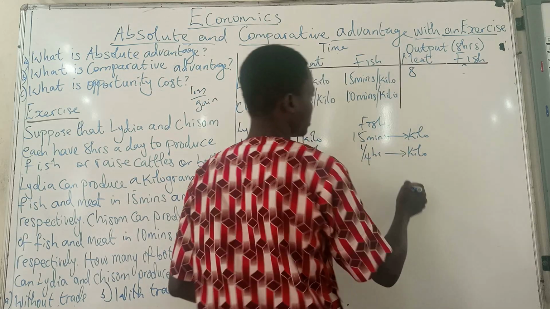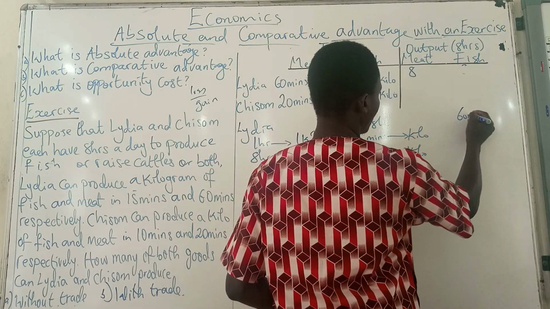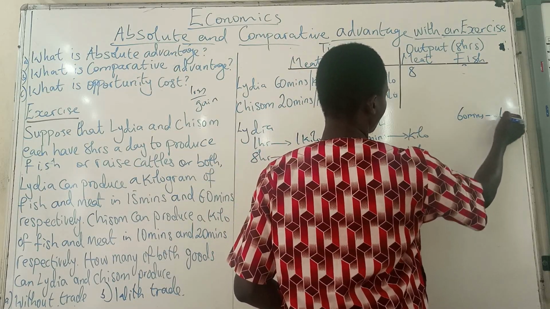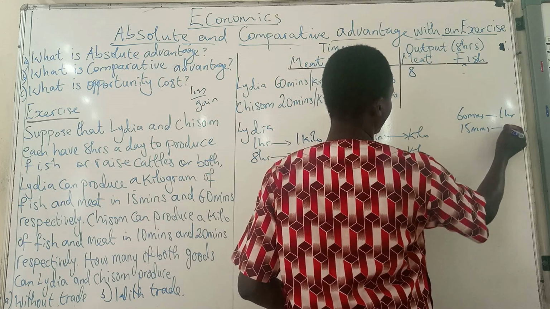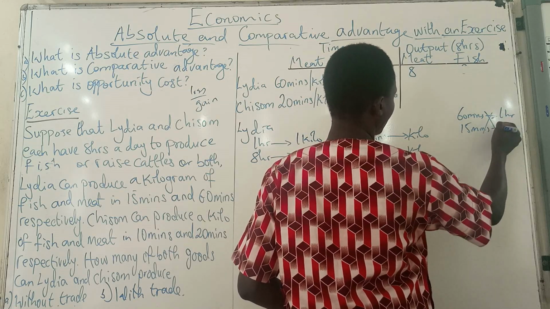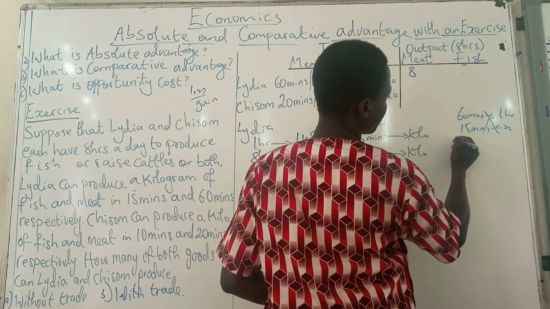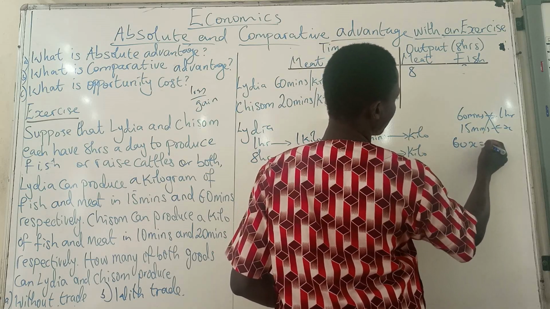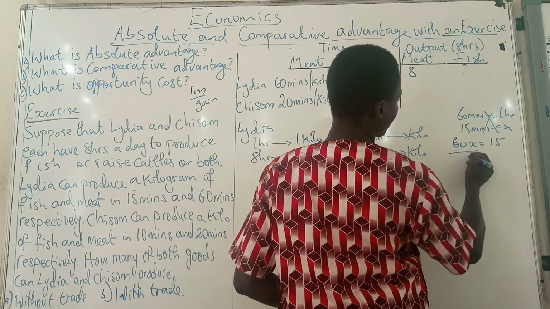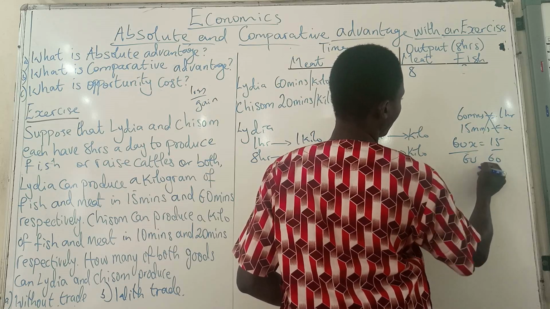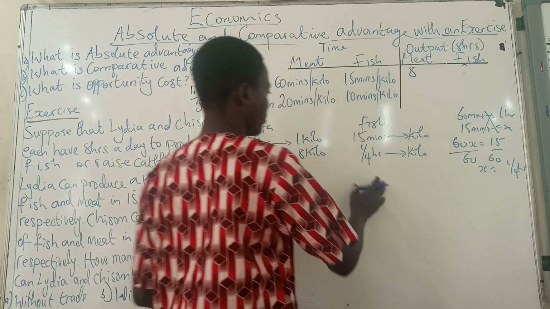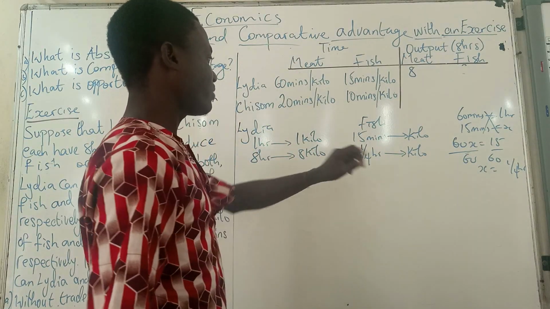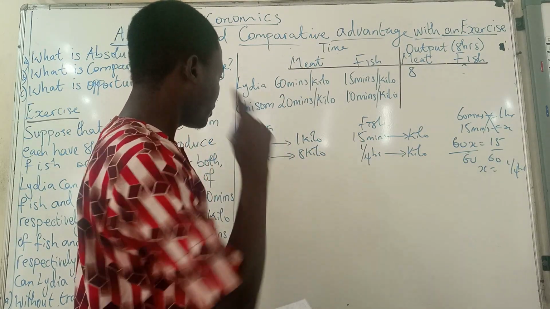For people that don't know this, 60 minutes equals 1 hour, so 15 minutes equals x. You cross multiply, so you have 60x equals 15, and then x is equal to 1/4 hours. So that's what we mean. That means you can use 1/4 of an hour to produce 1 kilo of fish.